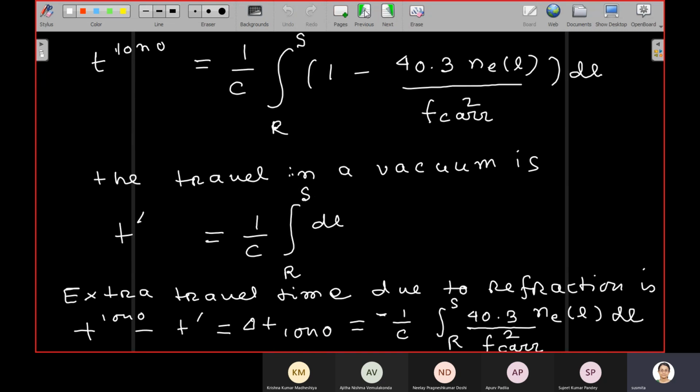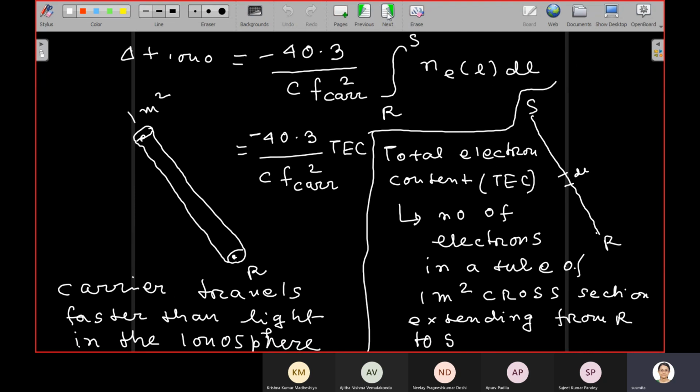So for the code, we can do the same thing as the carrier. The only difference is that instead of negative here, we will have positive, right? So everything will remain the same. Only difference is that instead of negative here, we will just have positive. So here I'll write carrier because this is for the carrier.